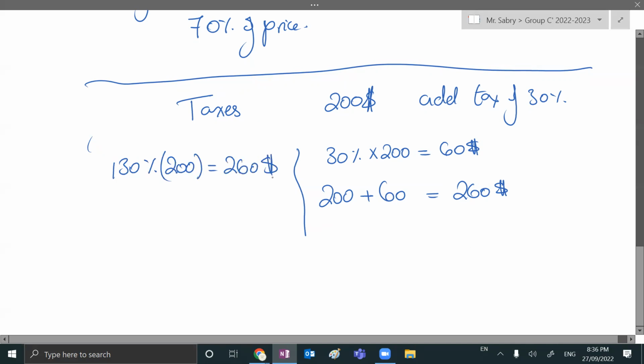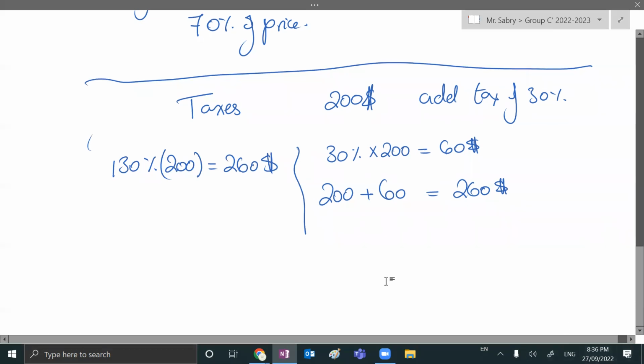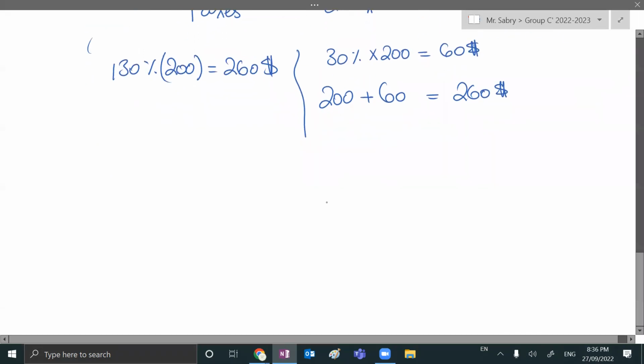Okay? Everyone, is this okay? Yes, please, I don't understand this part. But do you understand the sale? So it's okay to deduct 30%, right? If we have a sale of 30%, it becomes 100 minus 30, which is 70.